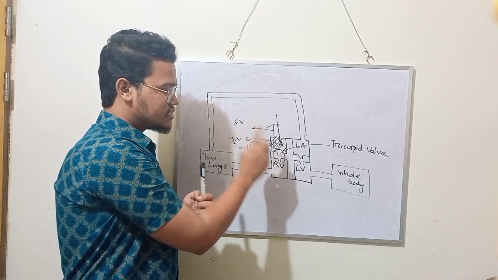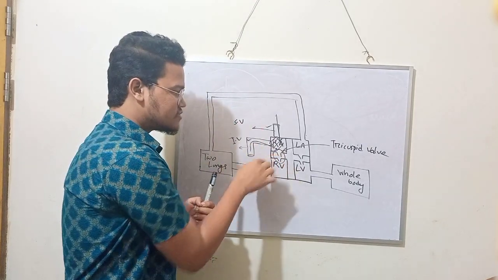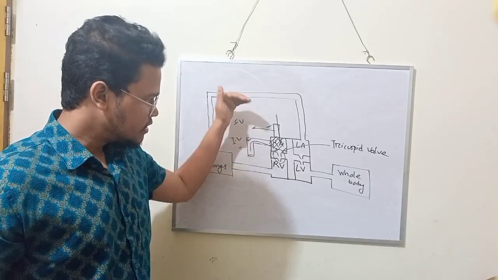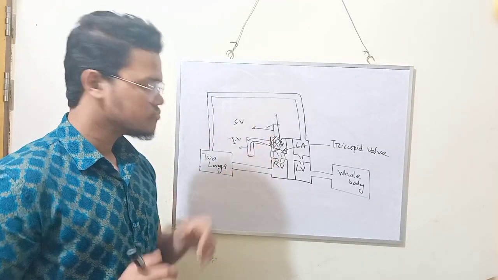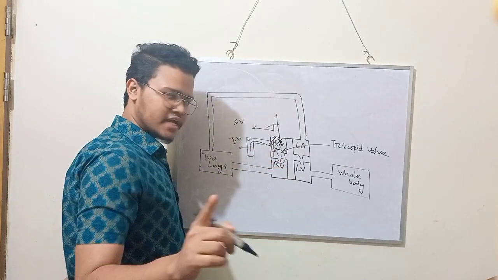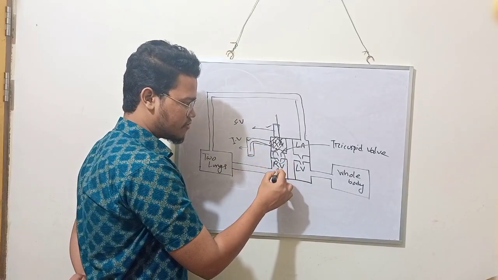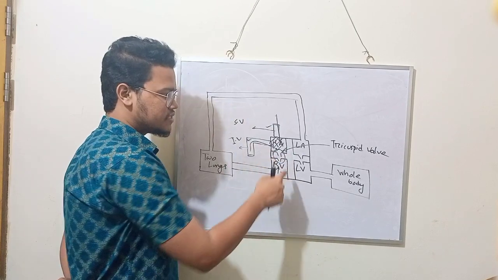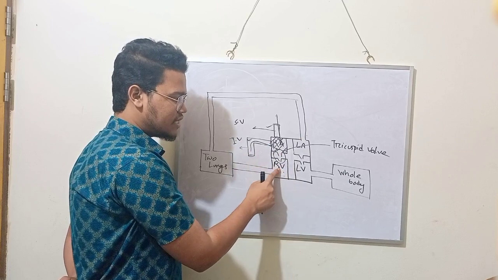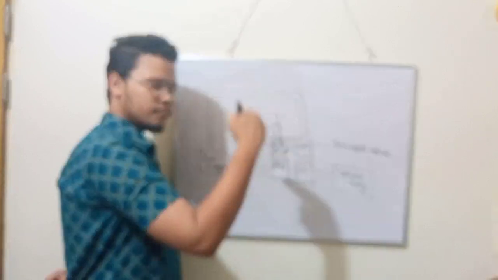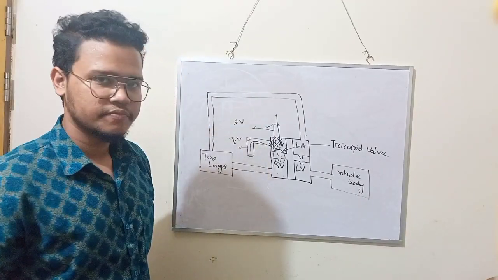This is called the tricuspid valve, and this valve just allows blood flow from the right atrium to the right ventricle, but it will not allow blood flow from the right ventricle to the right atrium. This direction will not be permitted by this valve. Blood can only pass through the tricuspid valve from the right atrium to the right ventricle.